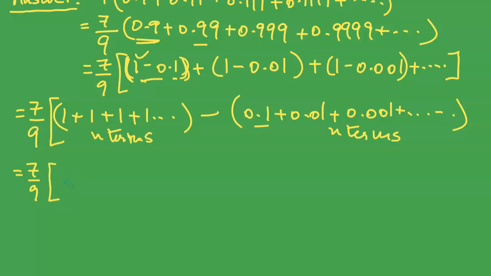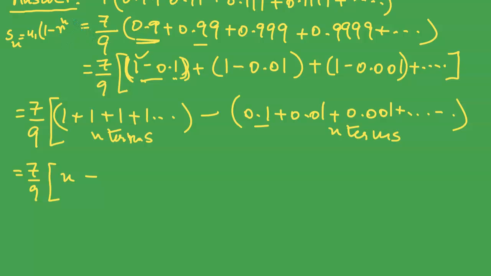So, this will be equal to n. 1 times n is n minus, what about that part? Let me just write it over here. Sn is equal to u1, the first term, and let me take this one formula because r is less than 1.